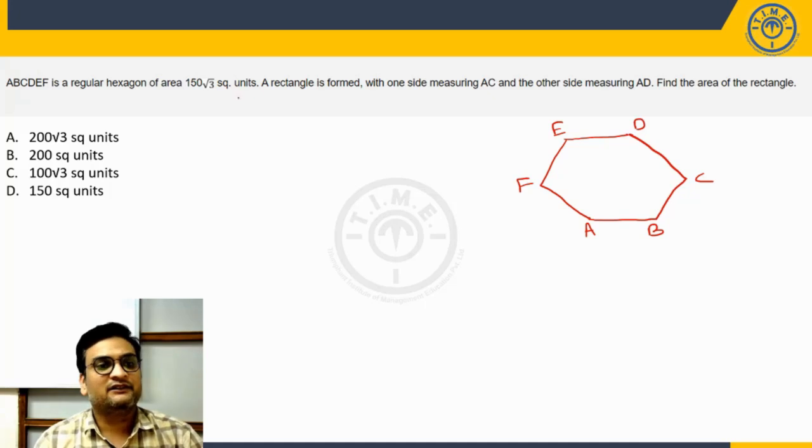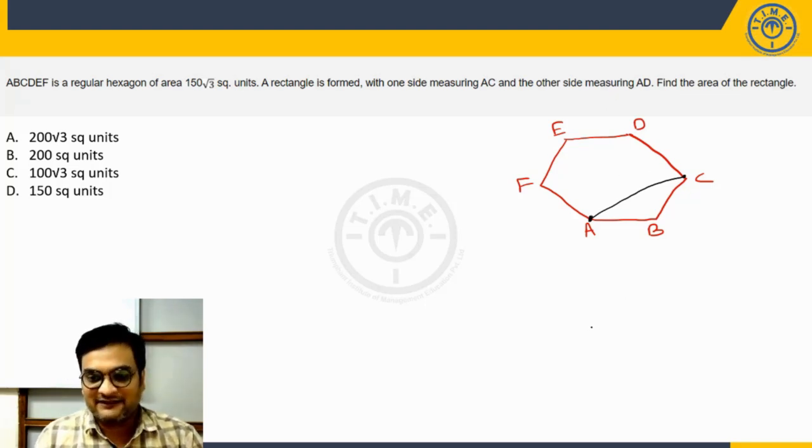Again, I'm repeating this. ABCDEF is a regular hexagon of area 150 root 3 square units. A rectangle is formed. How are we forming the rectangle? With one side measuring AC, and the other side measuring AD.